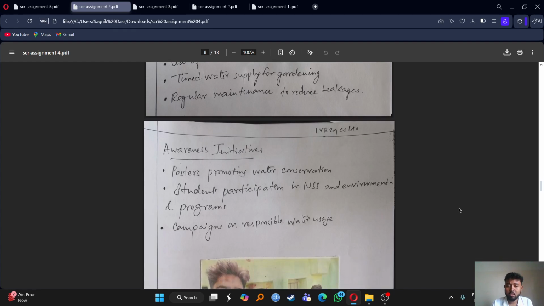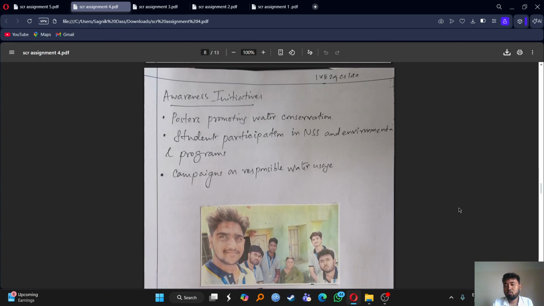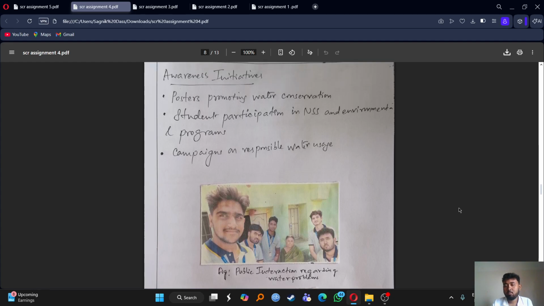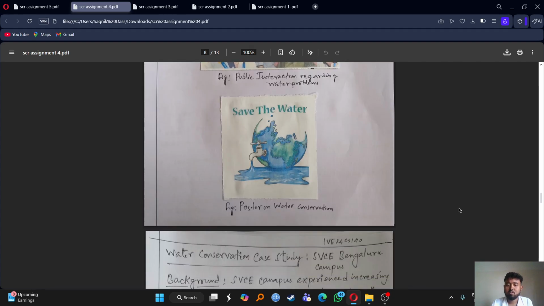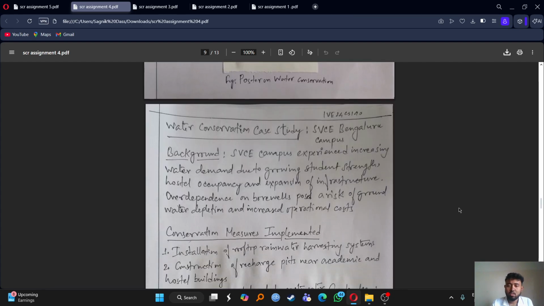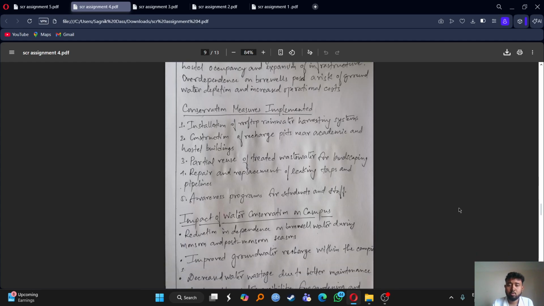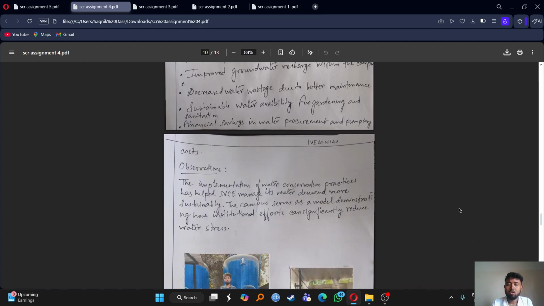Apart from the college, we also took awareness initiatives in Chigdala village by promoting water conservation techniques, with student participation in NSS and environmental NSS activities. We promoted water conservation with the local people and made posters. The water conservation case study covered the background, the conservation methods we implemented, and the impact of water conservation on campus. We checked everything.